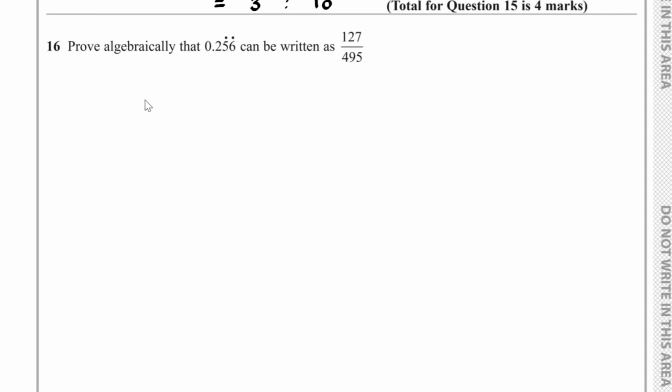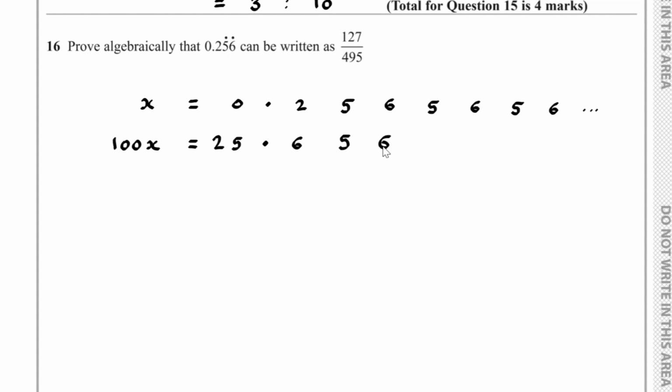Well, what we'll do is we will let x equal 0.256, 56, 56, etc. And if I multiply this by 100, because 2 digits are recurring, 100x, that's the same as 25.6 5 6 5 6 5 6, etc.